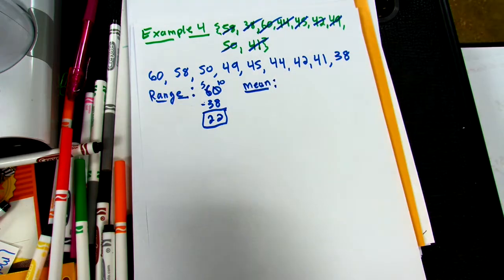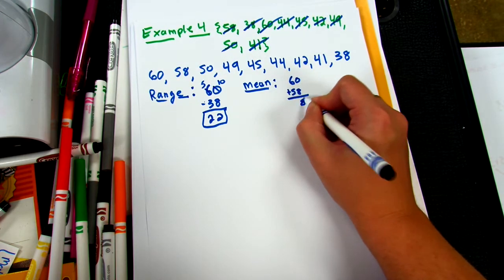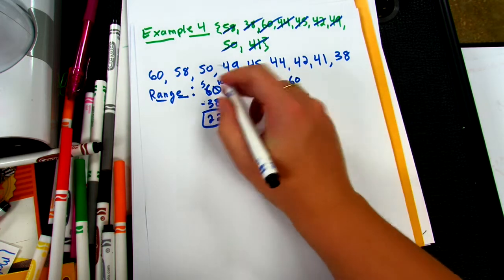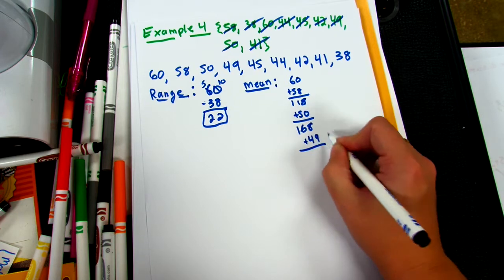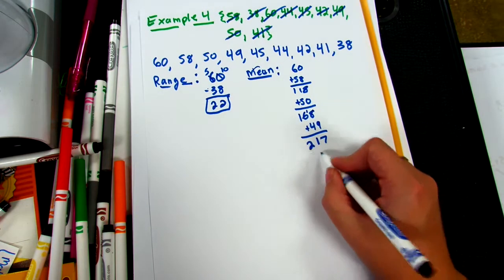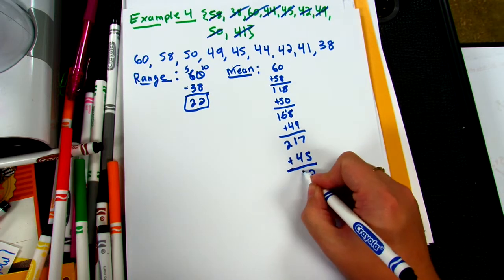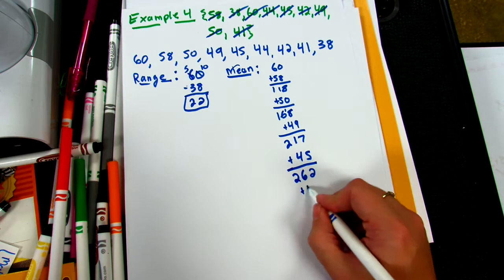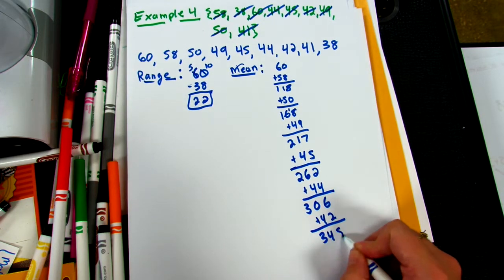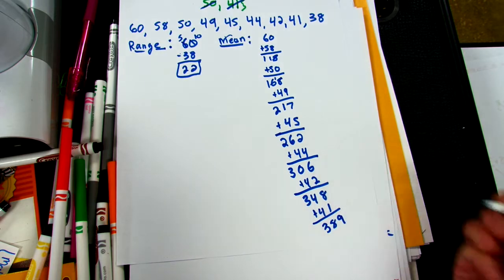Okay, next I want to find my mean. So I have to total everything up. Okay, so 60 plus 58, and then plus 50, and then plus 49, and then plus 45, and then plus 44, and then plus 42, and then plus 41, and then plus 38.